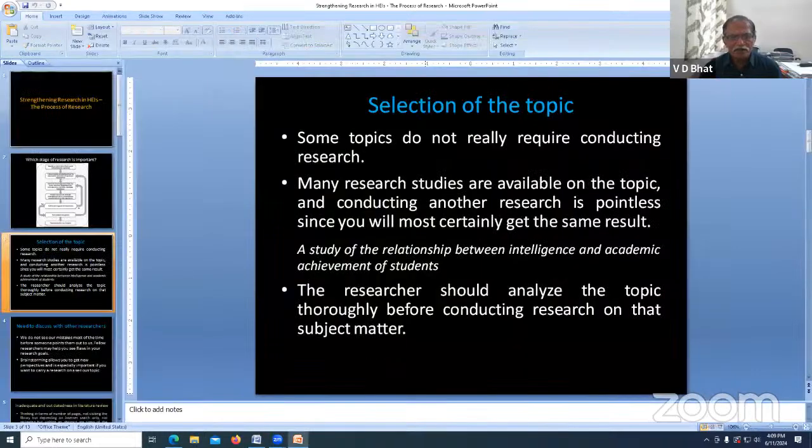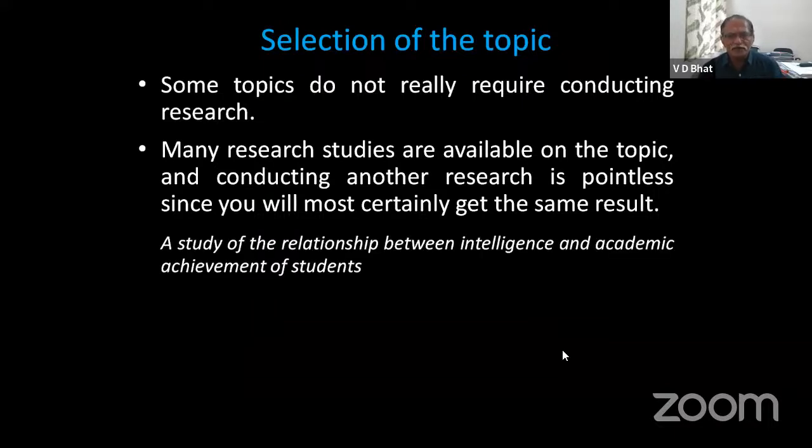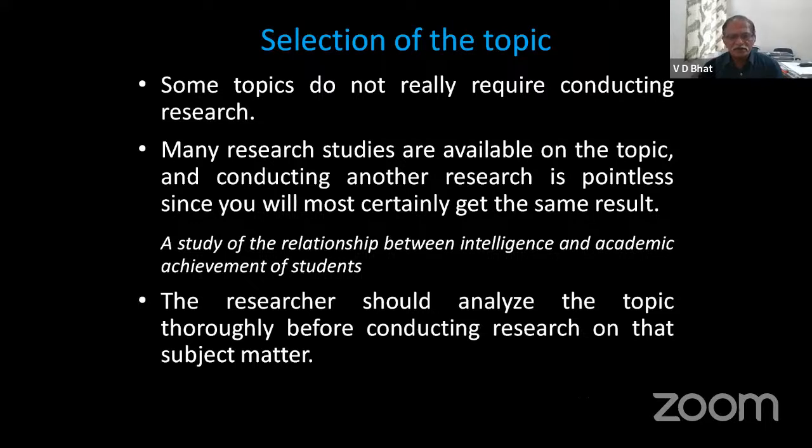Let me come back to my presentation again. A study of the relationship between intelligence and academic achievement of students, I said, will not be required because there are already so many research studies. The researcher should analyze the topic thoroughly before conducting research on that subject.